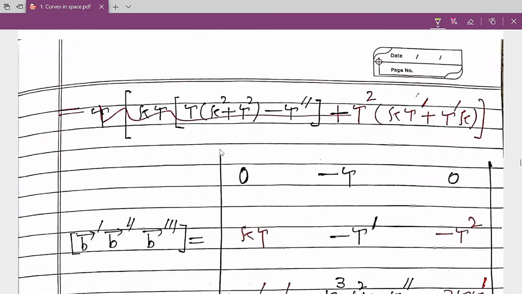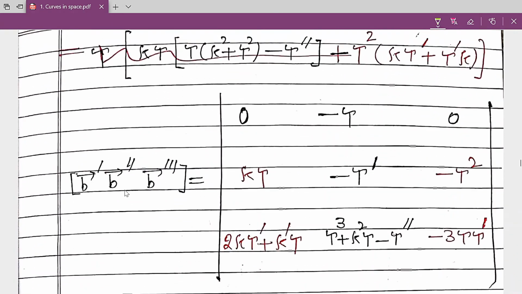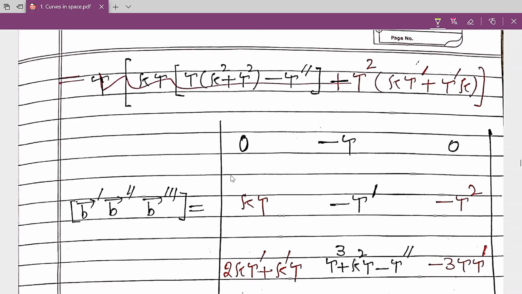Now scalar triple product of b dash, b double dash and b triple dash. Now substitute the value of vector coefficient of t, n and b. Clear? Here it is coefficient of t vector, here it is coefficient of n vector, here it is coefficient of t, n and b vectors. So first row gives the value of b dash, second row gives the value of b double dash, right?